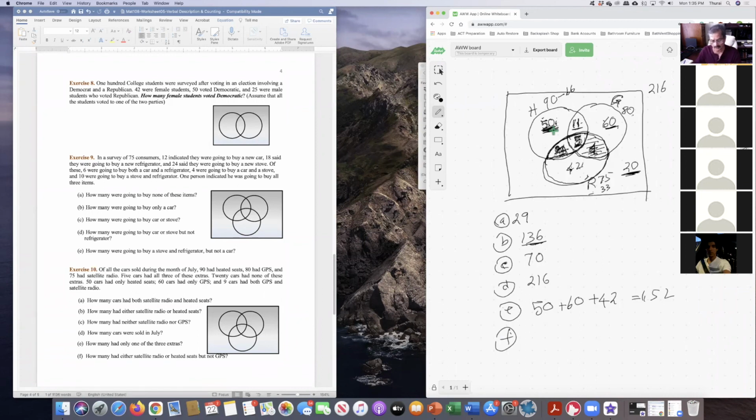So it's a union, right? 50 plus 24 plus 42. These are the ones that are in the 2 circles, H and R, but outside the G. So add these up, and that'll be the answer for that question.